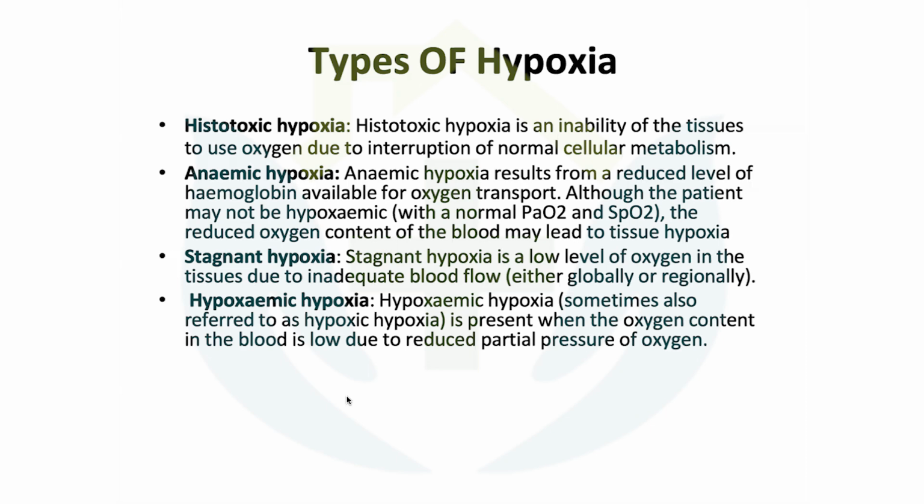Stagnant hypoxia is when the blood flow is inadequate, so there is stagnation, and therefore a low level of oxygen at the tissue level where the blood stagnation occurs. And hypoxemic hypoxia is when oxygen is truly not available, so the oxygen content in the blood is low due to reduced oxygen content.